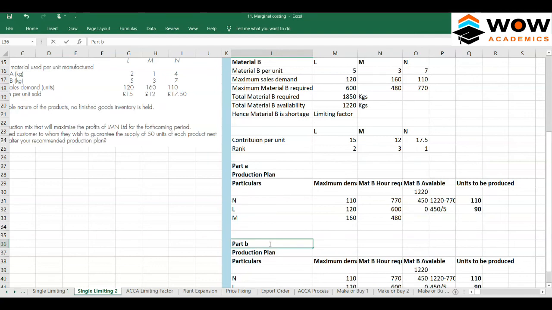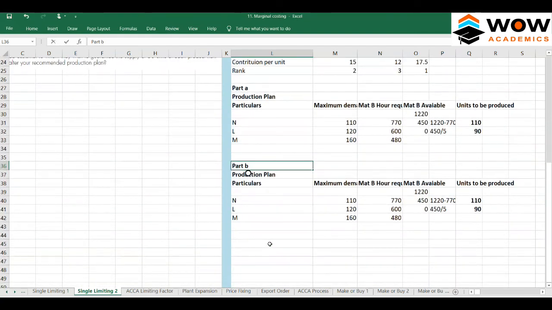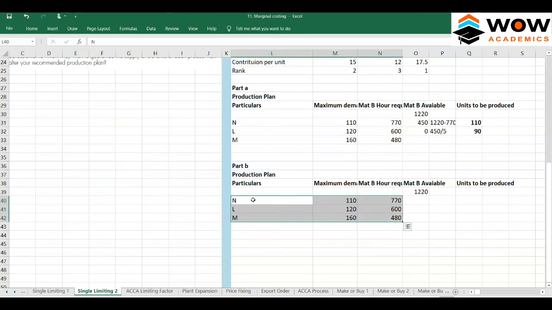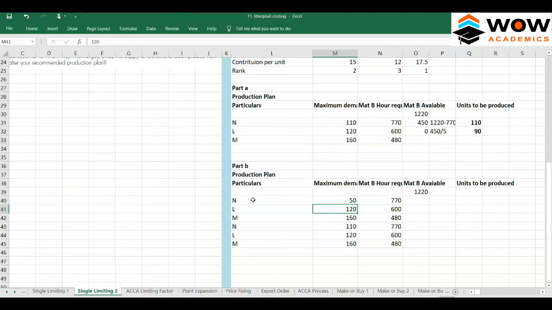Okay, assume that we have to produce 50 of each, then our computation will change a little bit. How it will change is, so definitely we first have to produce 50 of each products, right? We have to produce 50, again 50, again 50. Thereafter we can produce how much ever we want.